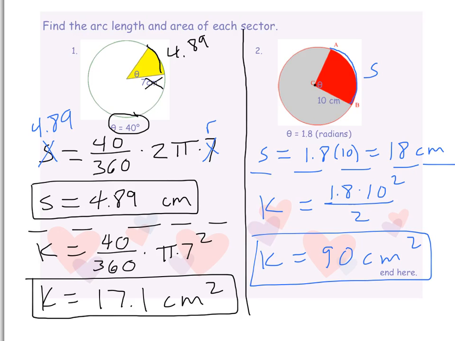It's a matter of identifying the right formula. There's a different unknown. This would lead to a little bit of solving using inverse operations. None of them involve really difficult steps to solve, but your homework assignment will have you use these formulas to do more than just plug in numbers and simplify to get s and k. We may work backwards to get the radius or to get the angle theta. So be ready for that.